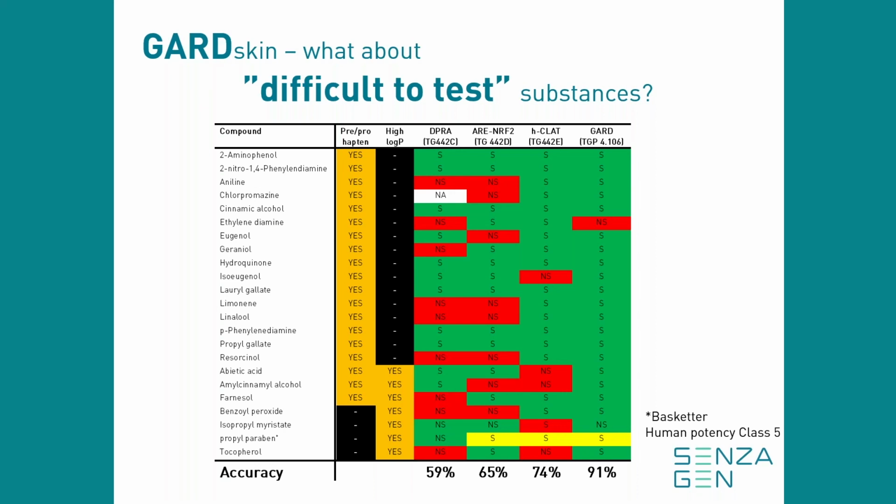Pre- and prohaptens and compounds with high log P value have been one of the main arguments to incorporate 3D based cell models. But I think this slide shows that we can actually test them in the available assays that we already have, such as h-CLAT for pre- and prohaptens, and the GARD assay for compounds with low solubility, and also for pre- and prohaptens.